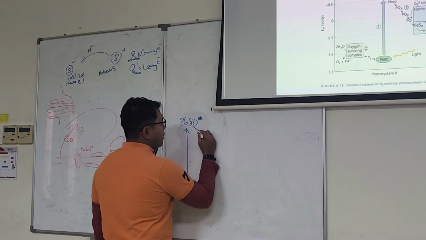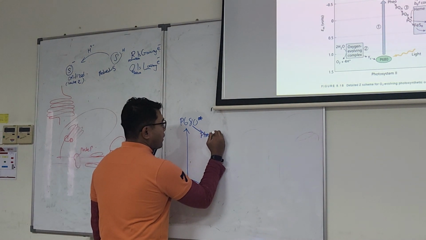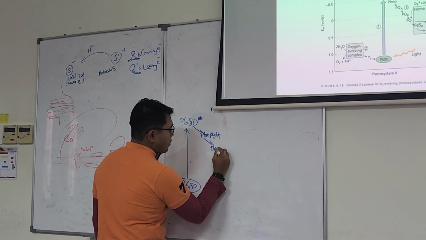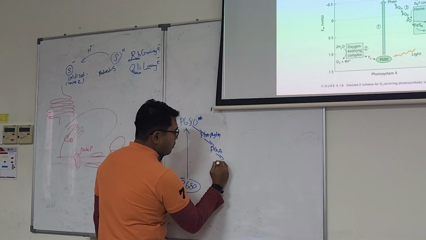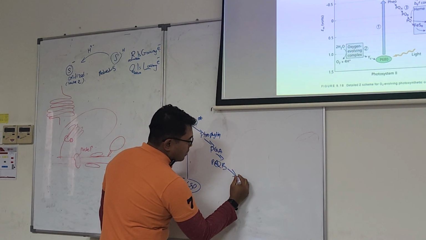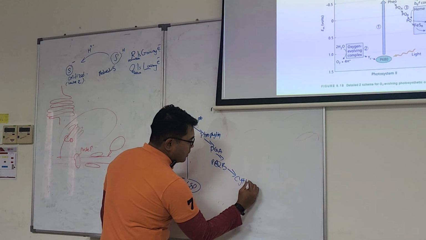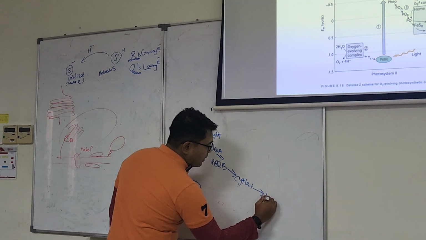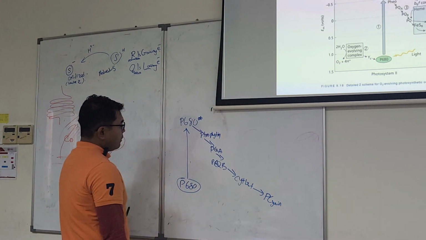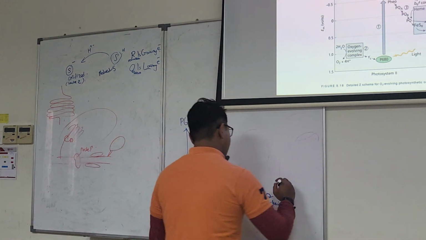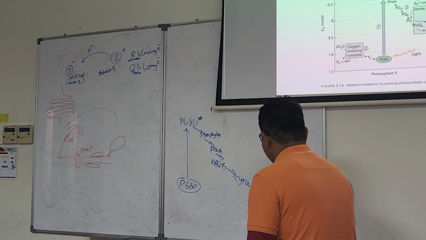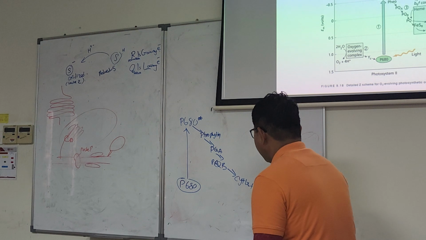You start with pheophytin, then plastoquinone A, then plastoquinone B, then cytochrome b6f, then plastocyanin. Is that correct? Then you will meet with, what is this?